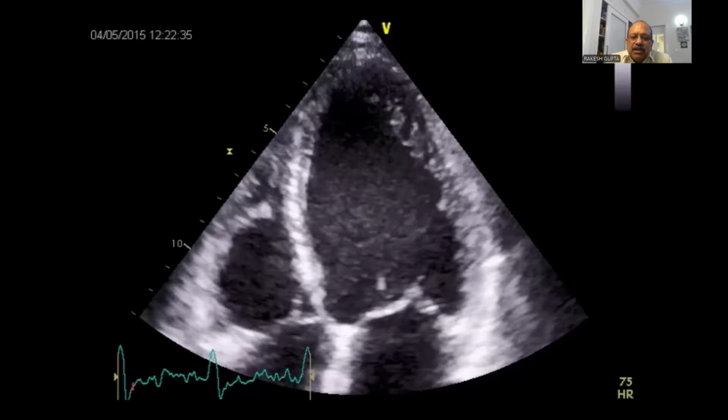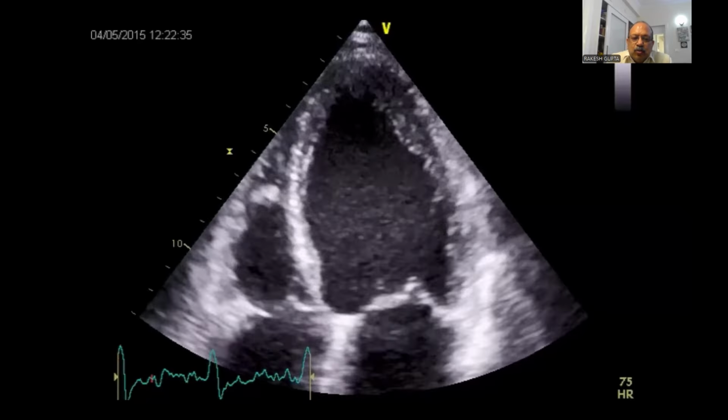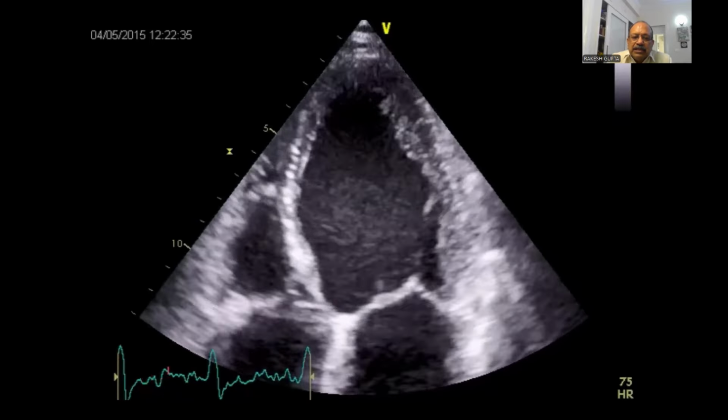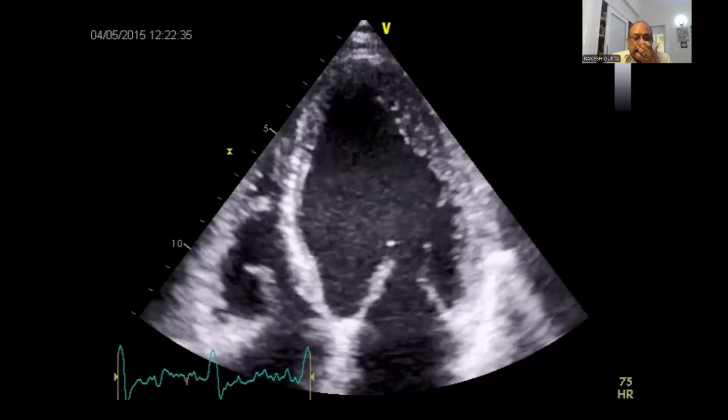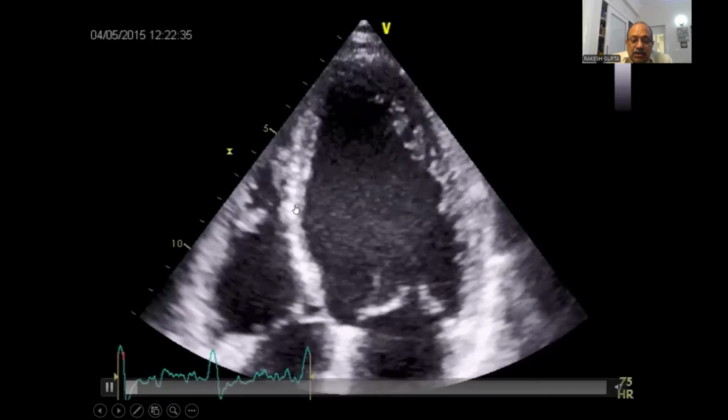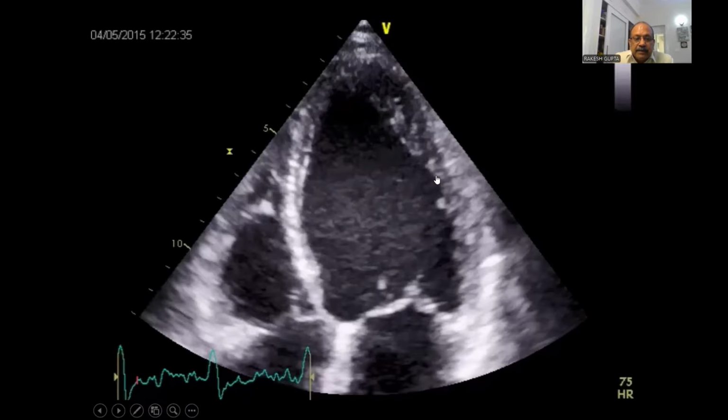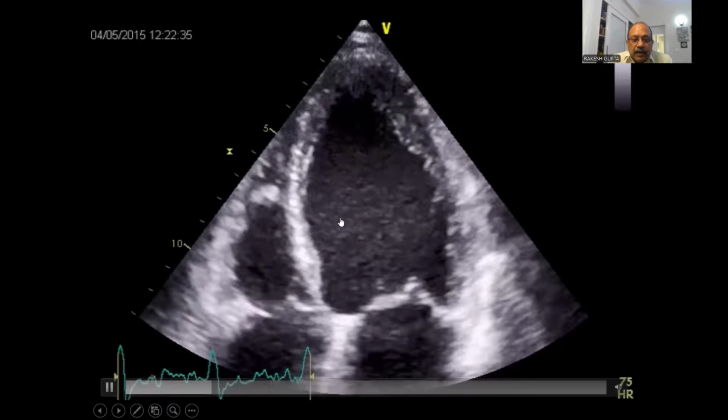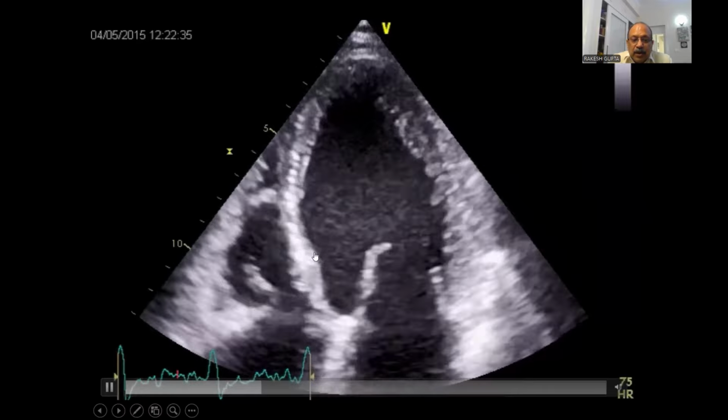Hypokinesis means less contraction. Akinesis means poor contraction. Normokinesis is more than 50% contracting. Now, this slide shows there is no contraction in this mid and basal septum. This is normally contracting. This is hypokinetic. Now, see carefully. No thickening, no endocardium seen.